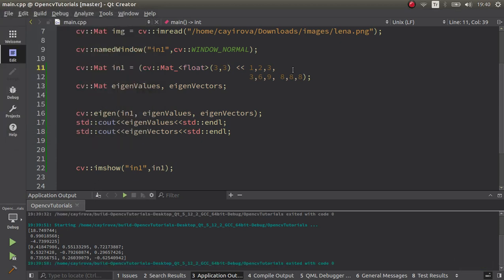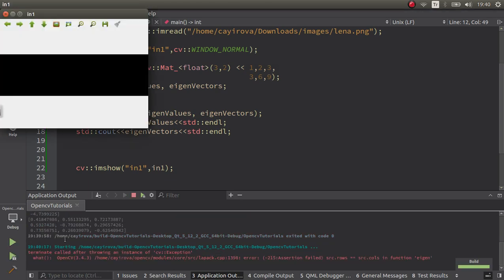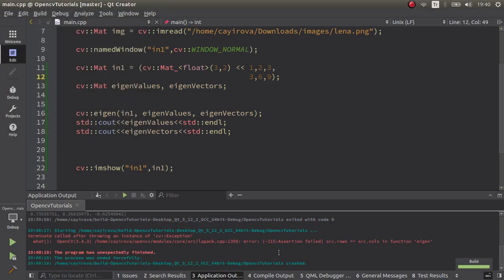What else? If we decrease this, let's say from 3 by 3 to 3 by 2 maybe, now it's going to give us an error because, let's see, yes, it says in the eigen function that the number of rows of the source should be equal to the number of columns.